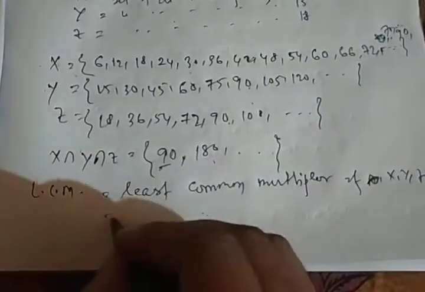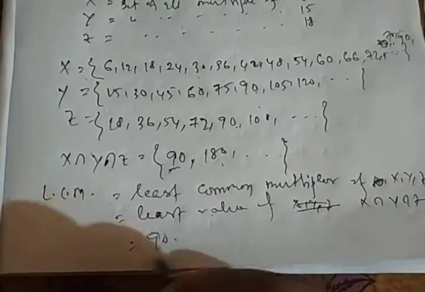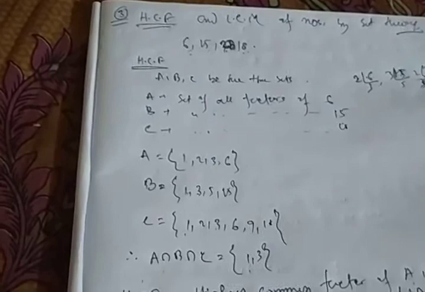This common multiple of x, y, z will be the least value of x intersection y intersection z. The least value will be 90. And this is the LCM of these three numbers, 6, 15, and 18. That's how we will find the HCF and LCM of the given numbers by set theory.